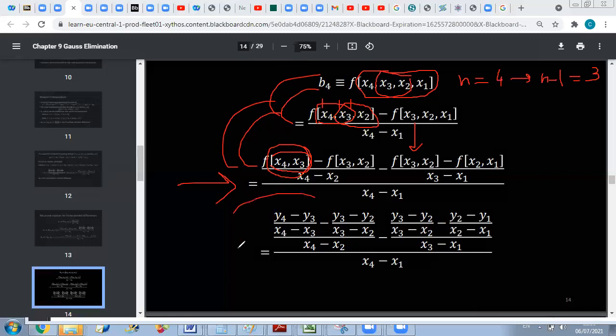So this is B4. So imagine كيف حيكون B5، فحيكون كمان more complex.